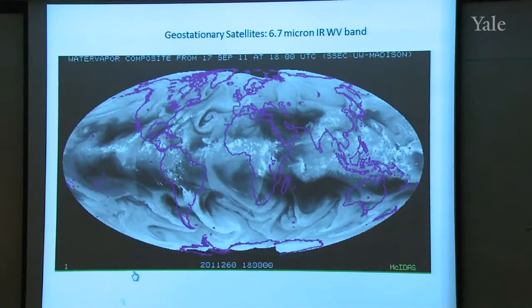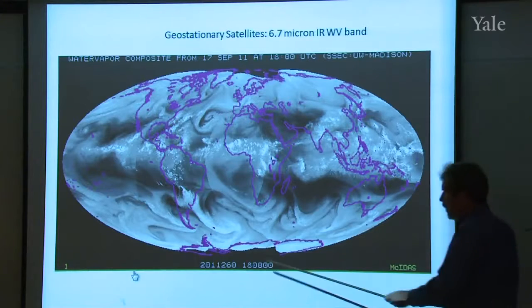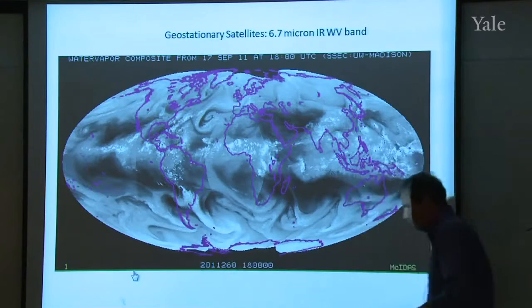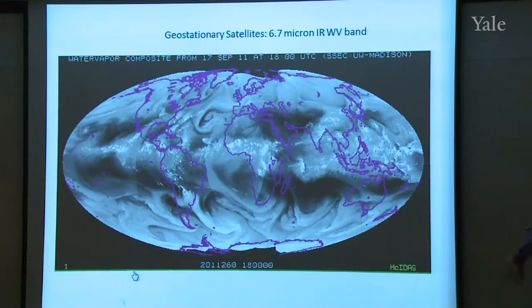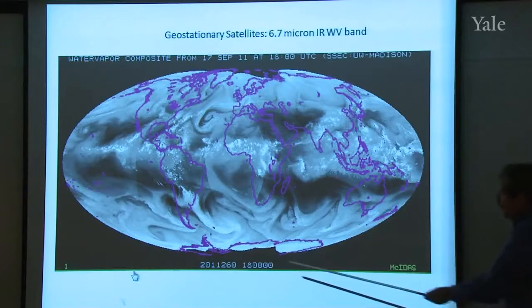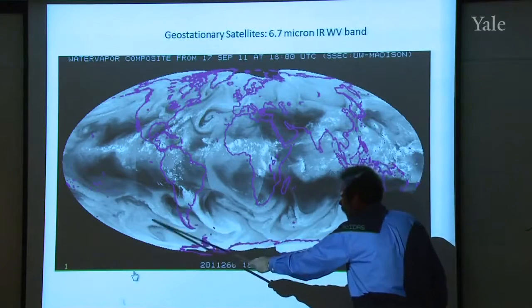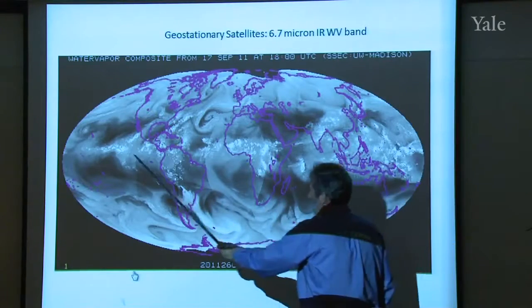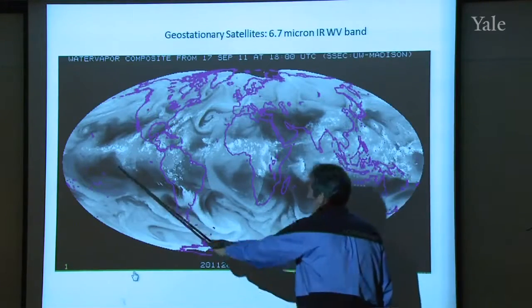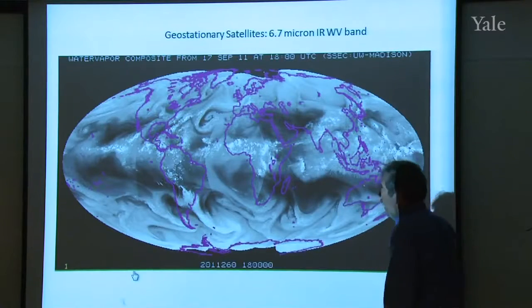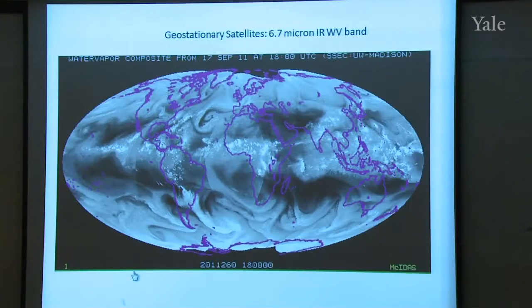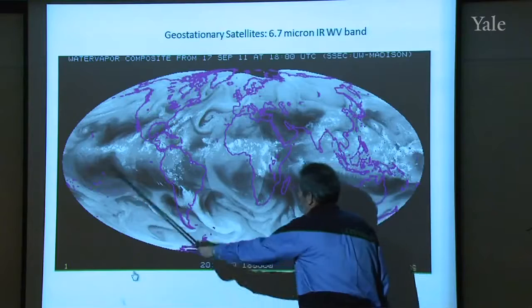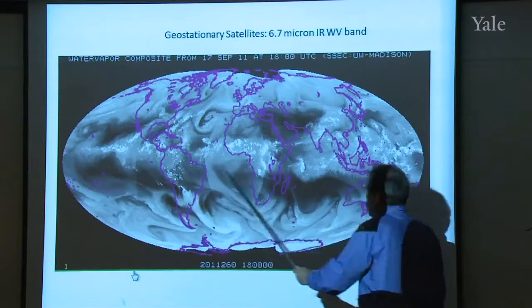I think they look really cool because it looks like you're making some kind of a cake and you're stirring the chocolate in with the vanilla. You see the dry and the moist air kind of being mixed in together in these mid-latitude frontal cyclones. You still see the clouds all right. The clouds show up just as they did before, but in addition you're seeing the water vapor that's in and around those clouds. And there's a dry zone in the north and south in these belts of deserts.